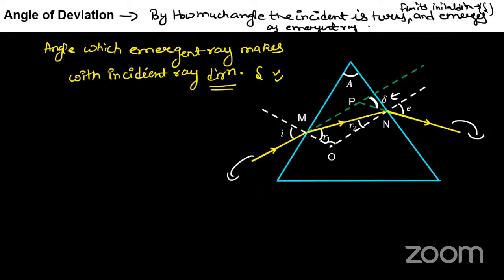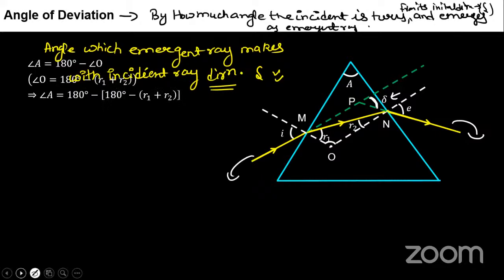What is the value of delta? We will not go into the depths of this, we just need the formula. So we'll see an overview; the derivation will be given in the PDFs. Remember this thing, that the angle of prism A equals R1 plus R2, because the exterior angle of a triangle equals the sum of the opposite interior angles.